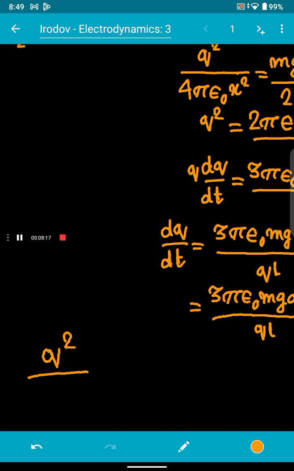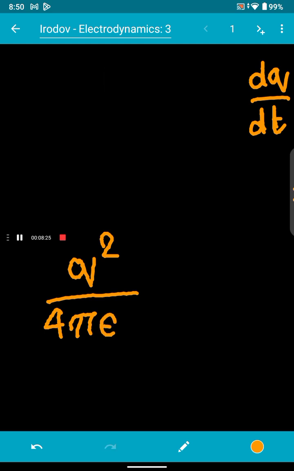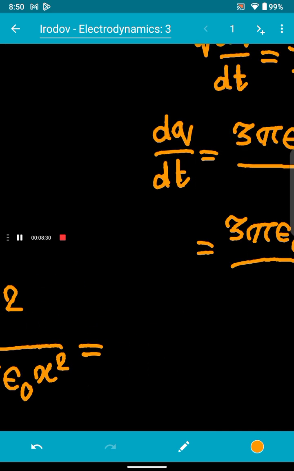Fe by mg is equal to tan theta. So q square by 4 pi epsilon naught x square. This was basically mgx by 2l.